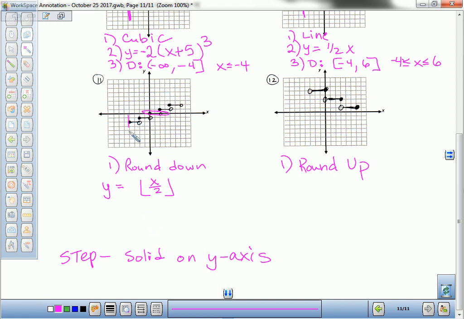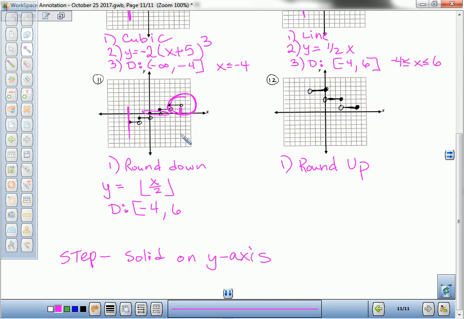Okay, so this has a start right here, and this is a weird stop right here. This one is starting at what? -4. And it's stopping at 6. But do you see where it stops? It's an open circle, so you nailed it.